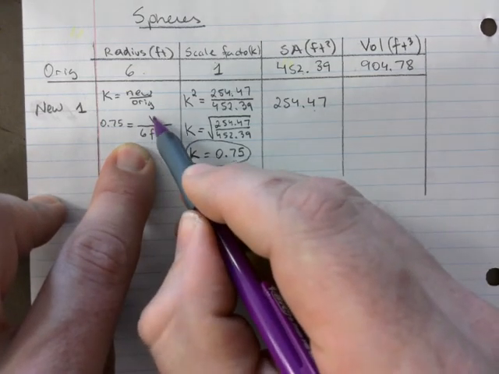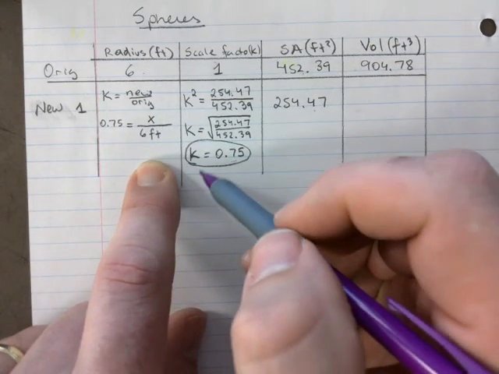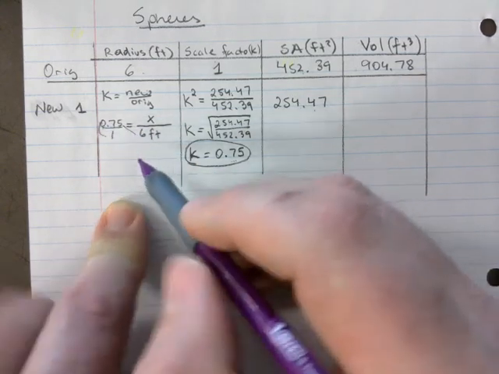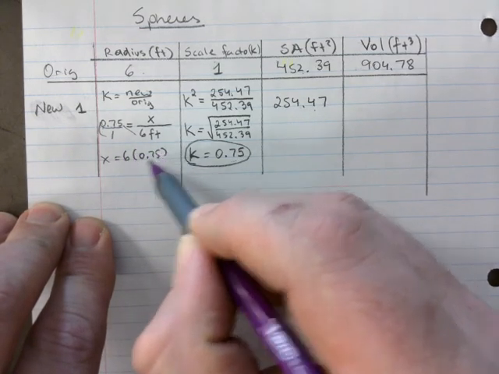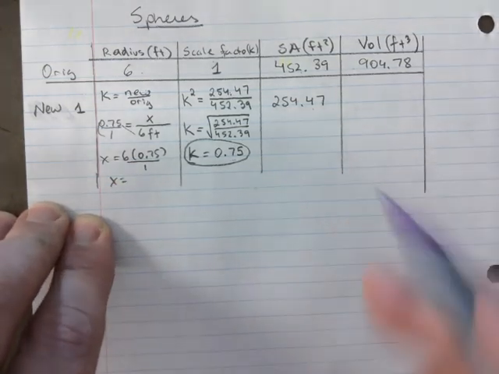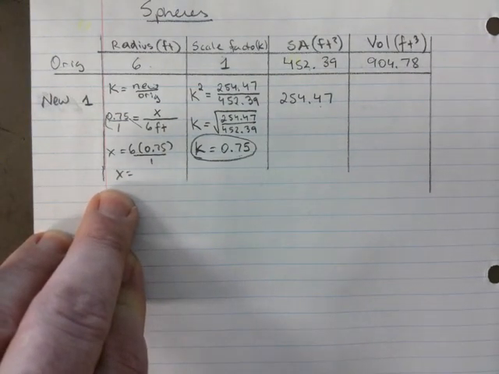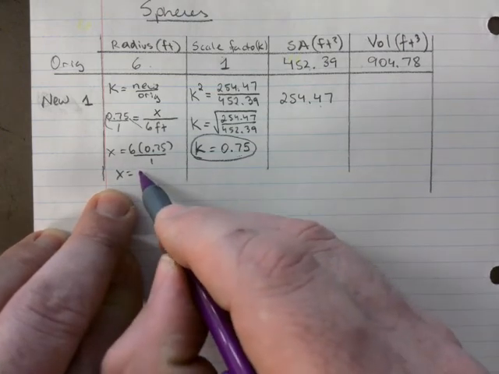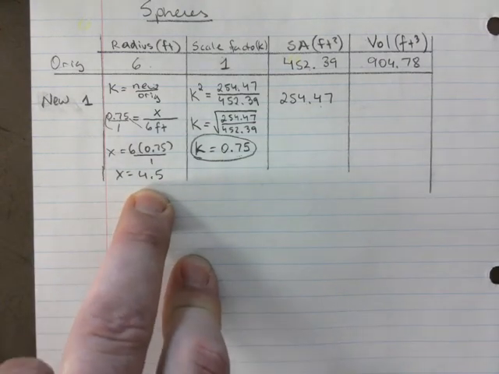And I would like the new radius of this new shape. So remember, I put the 1 under here, cross multiply and divide. So it's really 6 times 0.75 divided by 1. You don't have to do the divided by 1 if you get it. And what do we get there? 4.5. And we know it's in feet, so we got it.